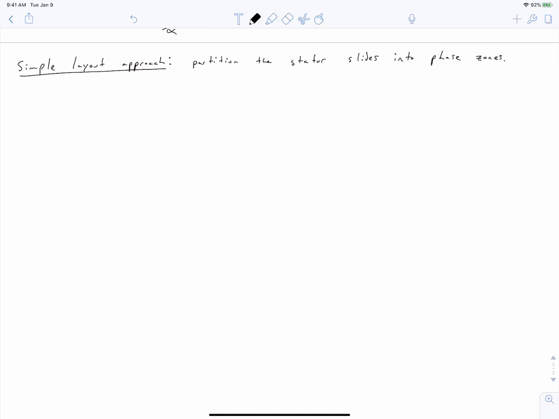And that is that we will partition our stator slots into phase zones. I'm going to introduce this by considering an example of designing a 4-pole 12-slot motor winding.